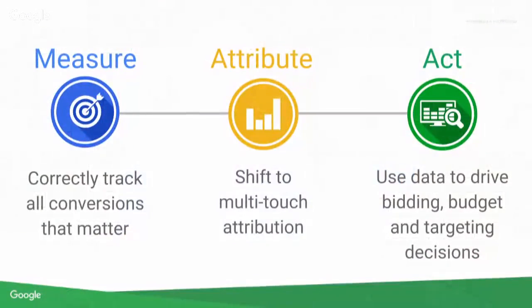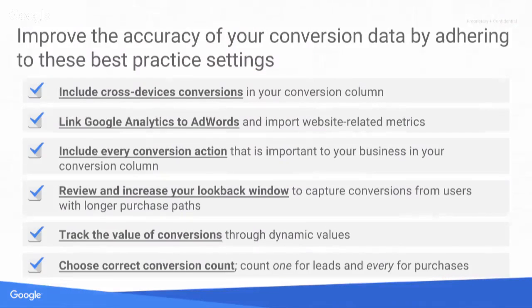If you're with us for the past couple of weeks, you'll remember that we gave you this measurement framework, and we went through measure, attribute, and act. Three weeks ago, we talked about how you can set yourself up for optimization and attribution success by going through these best practices to set up conversion tracking in your account.